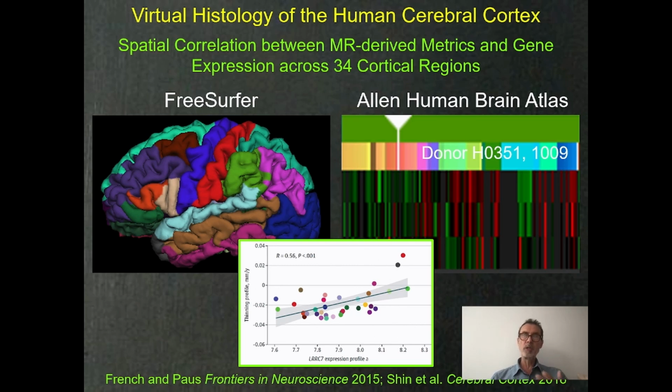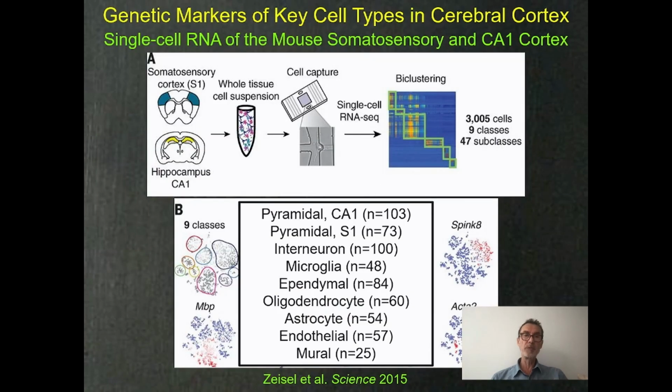Now, of course, we are not working with any genes. We are working specifically with gene markers that are cell-specific, specific to different cell types listed here. Here is an example of 9 key cell types. And the gene markers come from single-cell transcriptomics that was carried out in this case almost 10 years ago in the mouse cerebral cortex.